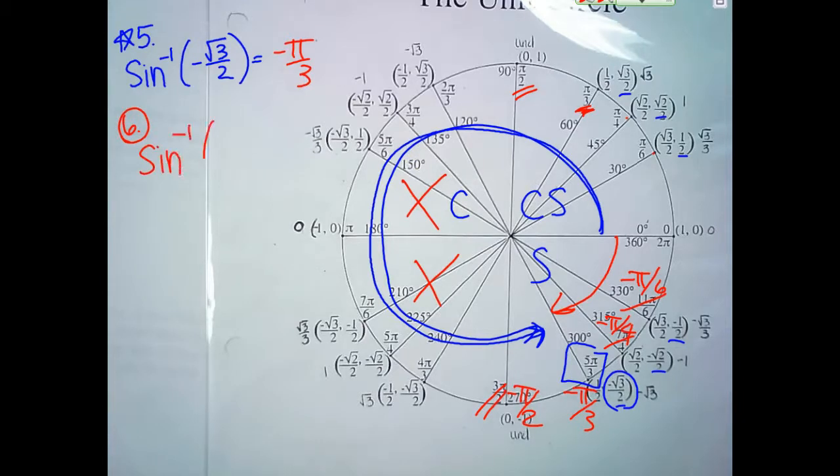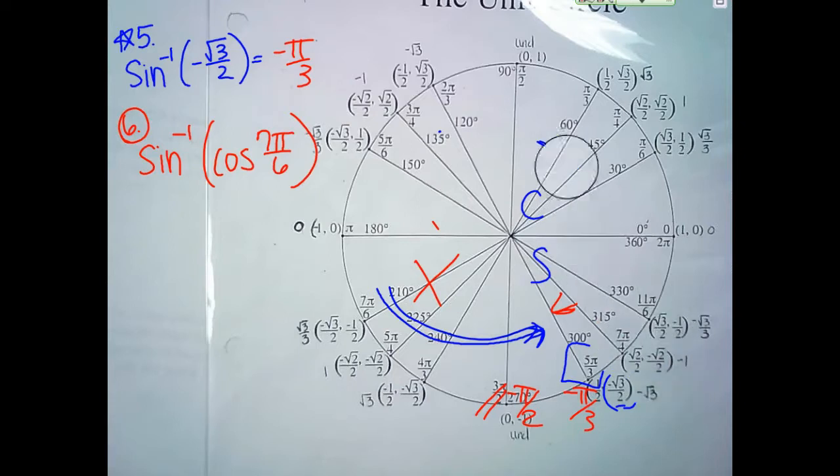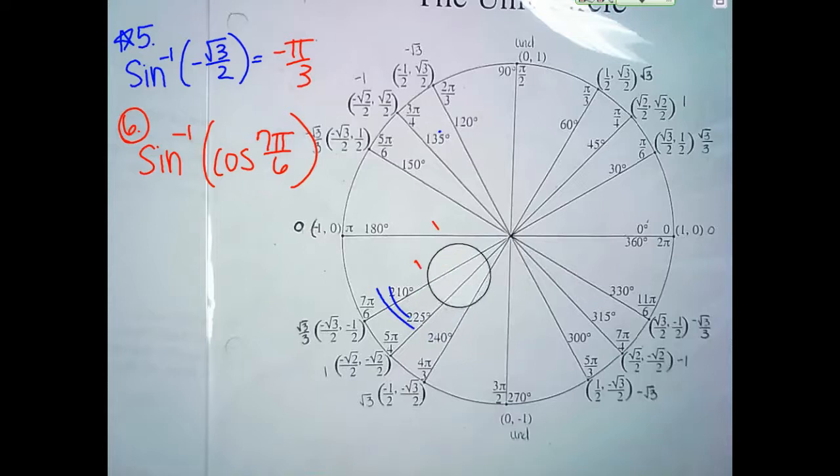Inverse sine of cosine of 7 pi over 6. This is a tricky one. It's really not too bad.